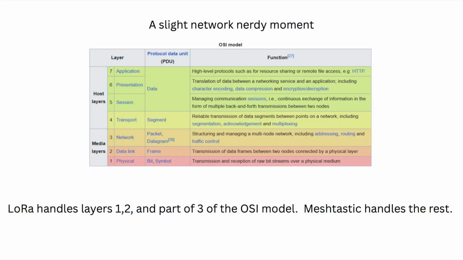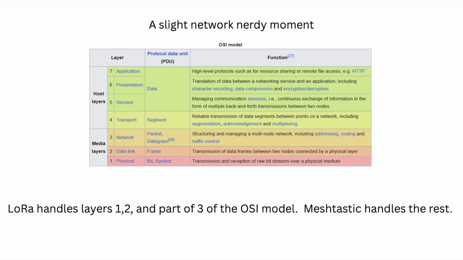And I'm a nerd. I've done networking stuff for years. I don't know if anybody here is familiar with the OSI model. This is the OSI model. It's how data transmission works. LoRa is handling layers 1, 2, and 3. So even though it's radio, there's a physical layer to it.